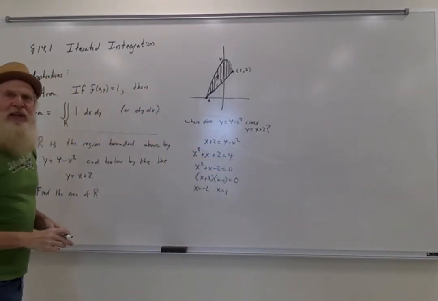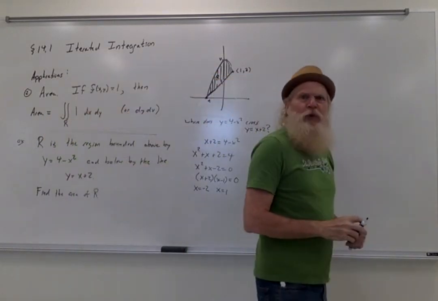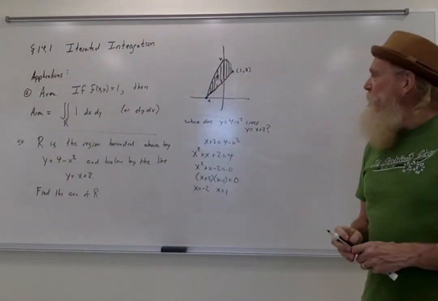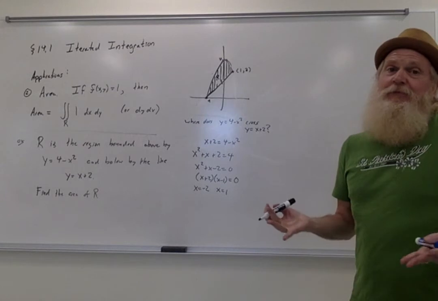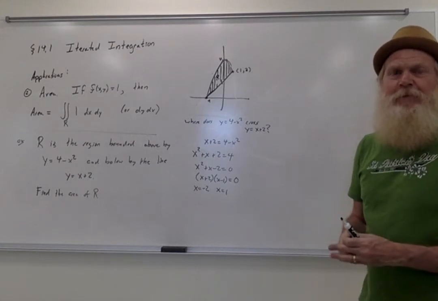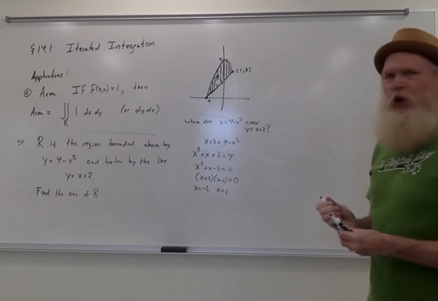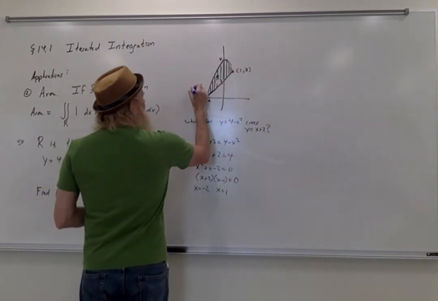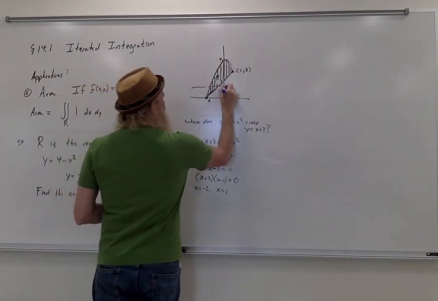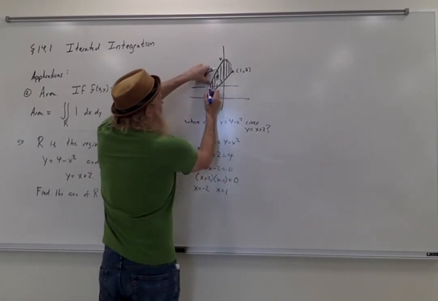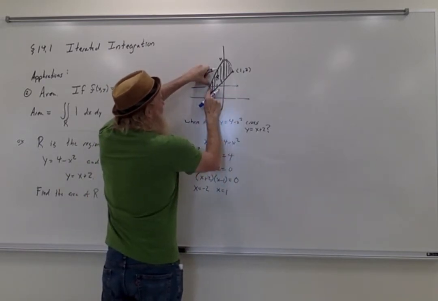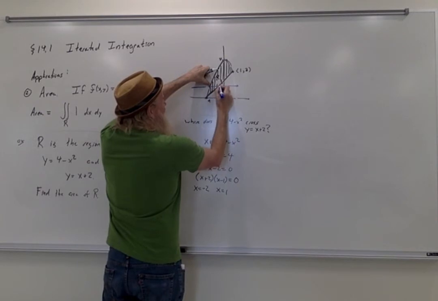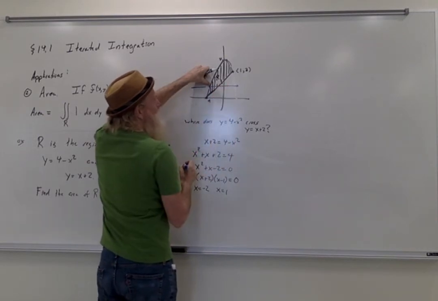Now, when we decide how to set up the integral, we need to decide whether this region is vertically simple, horizontally simple, both, or possibly neither. I claim that this guy is not horizontally simple. Notice that if I draw a line passing through the region horizontally, then it would enter on the parabola and exit on this line.